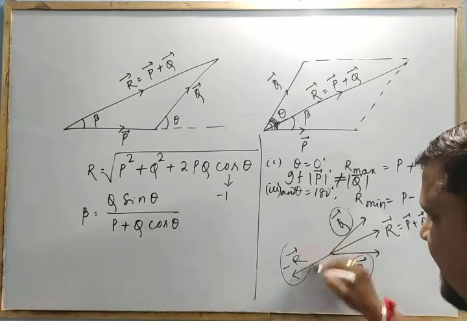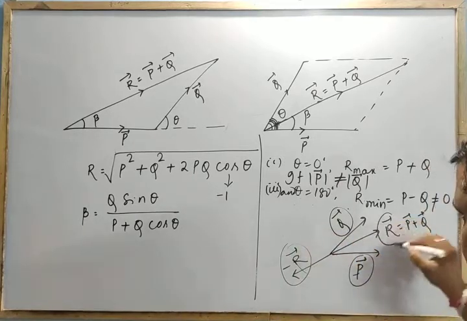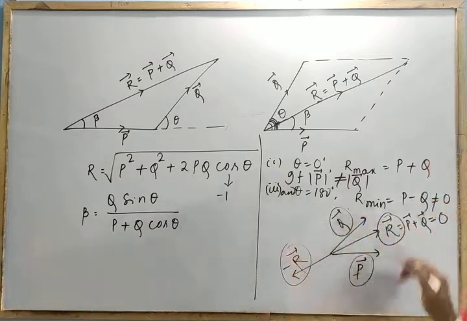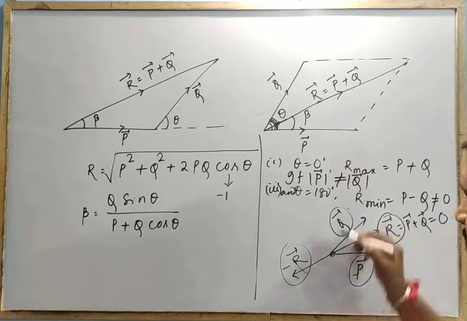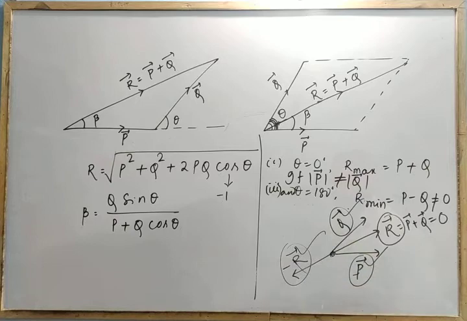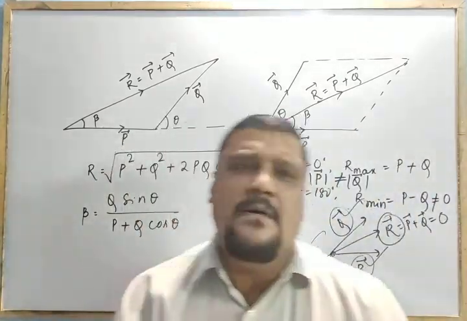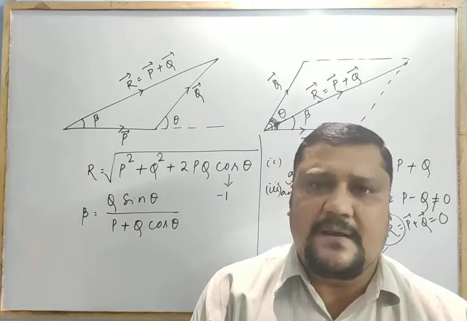Q, P, minus R. Combining these 3, the resultant R is equal to 0. So how many vectors are required? Minimum 3.